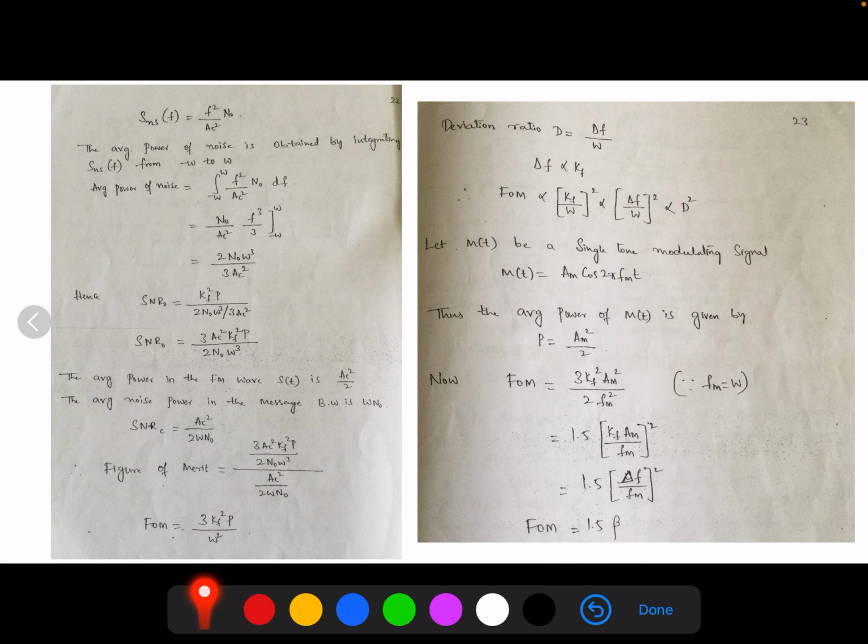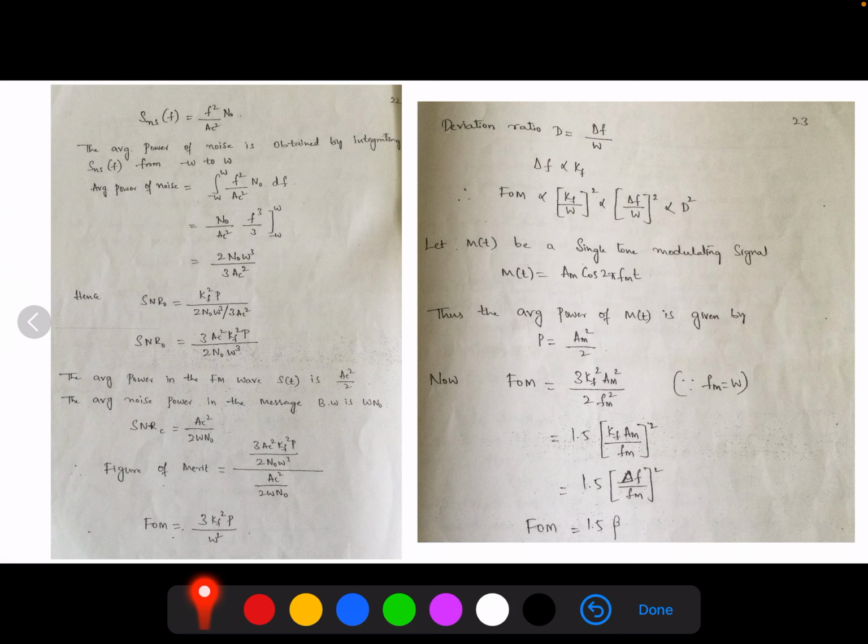So here, in the comparison of AM and FM, we'll assume that the modulation index for both systems is adjusted to 1. Hence, as proved earlier, the figure of merit of AM is 0.33, but the figure of merit of FM is 1.5.